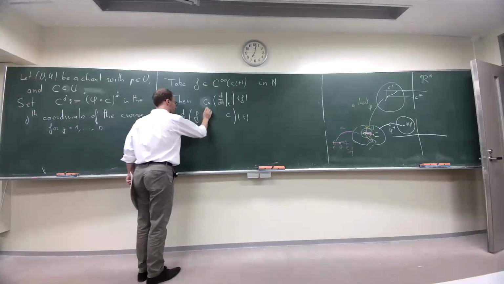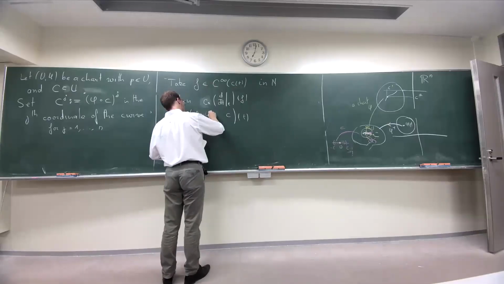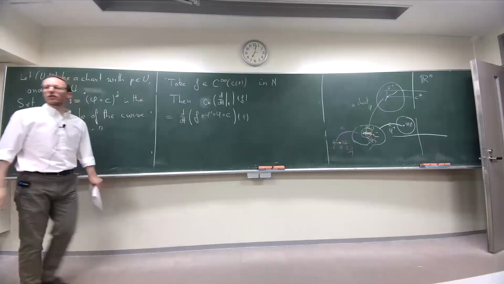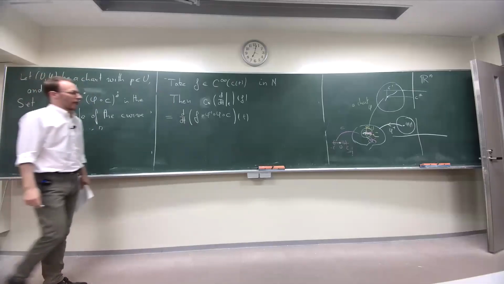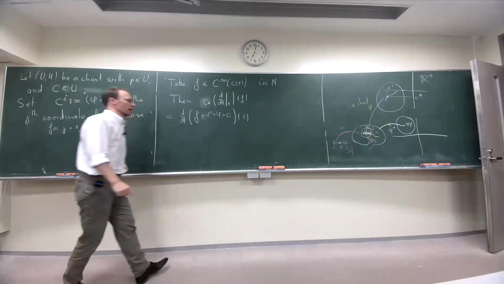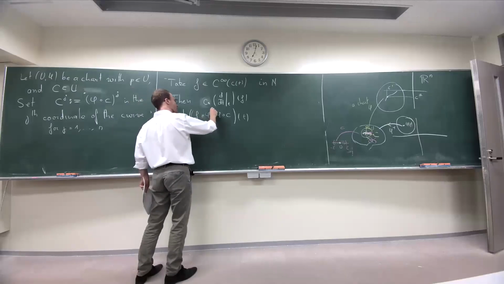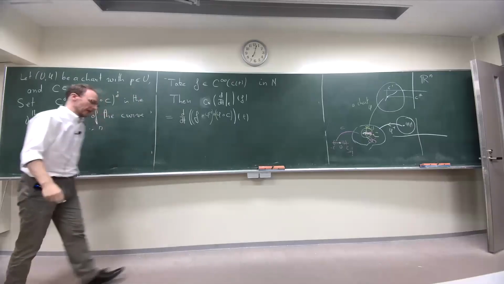It's a composition. But now I'm going to do a small trick. I'm going to add phi minus 1 phi. This is just the identity, right? It's bijective. So I'm allowed to do this, and I'm even allowed to add parentheses because it's associative.